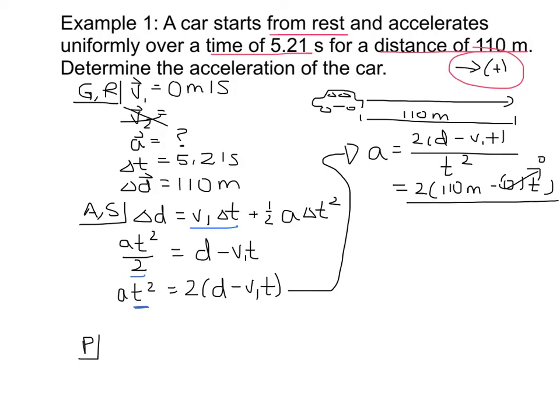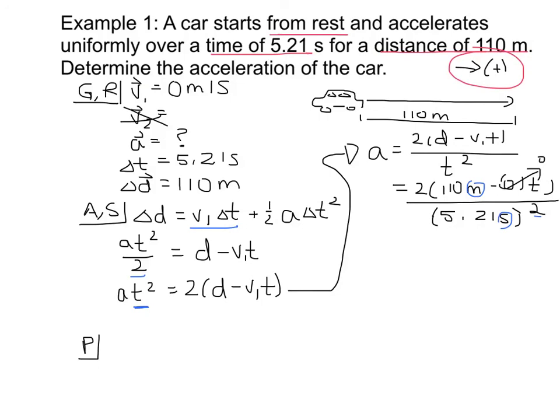All over 5.21 seconds squared. Okay, and we can check out our units here. Take a look. We've got meters on the top, and because of this squared, we're going to end up with seconds squared. So this is going to give us meters per second squared, which is perfect because I'm looking for an acceleration. So this clarifies to me that my rearranging probably makes sense because I got units that make sense.